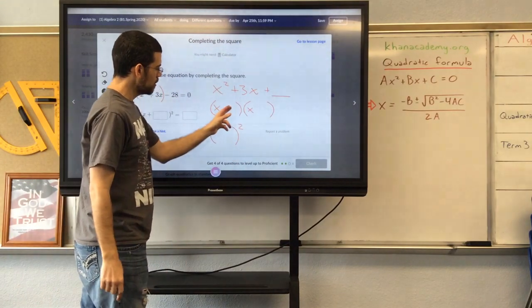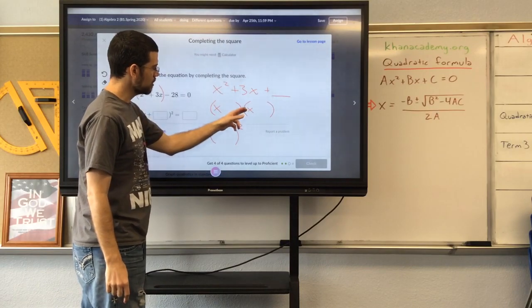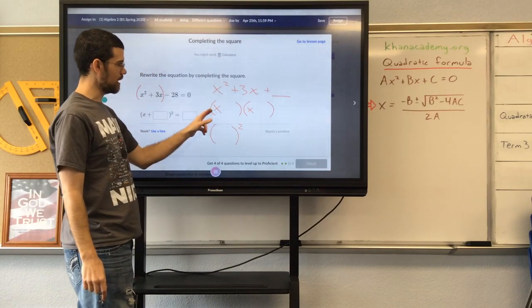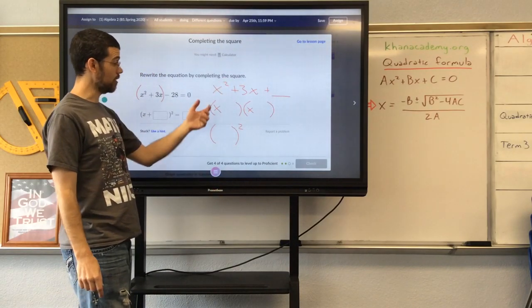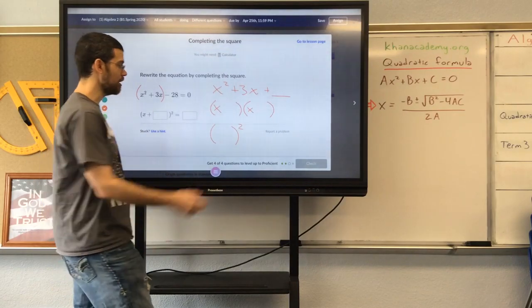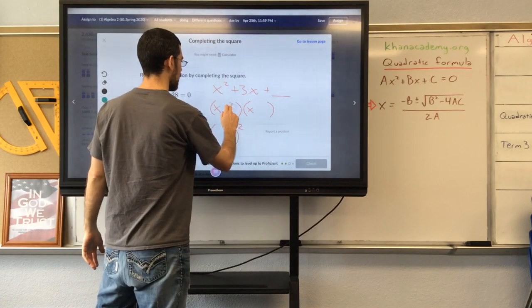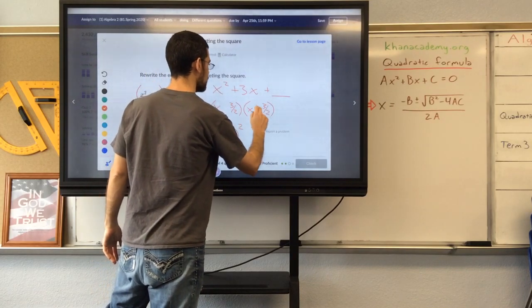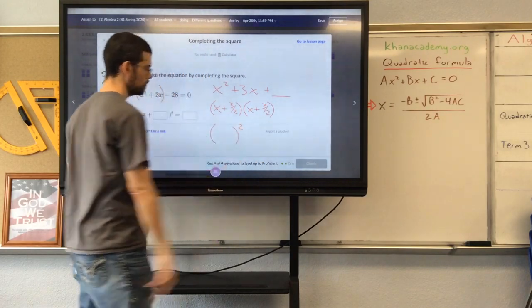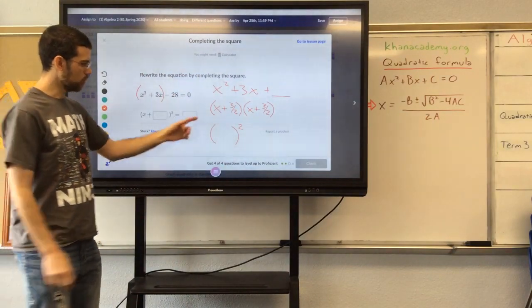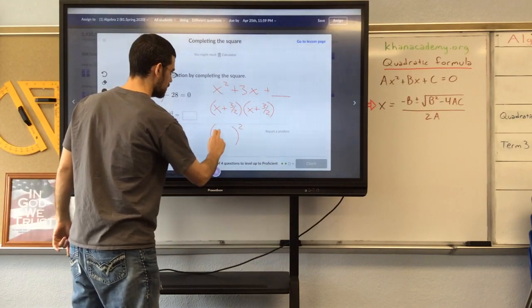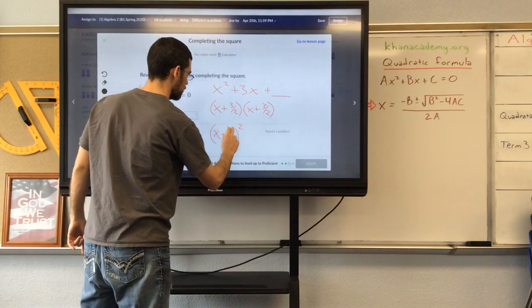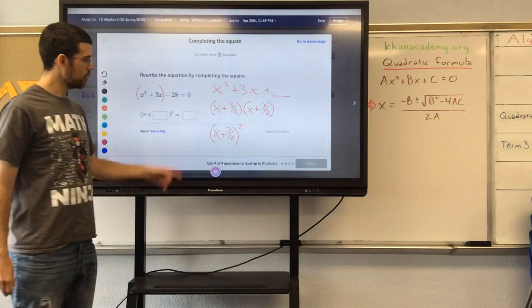Some number times x plus the same number times x has to give you 3. Well, that number will have to be half of 3. So 3 halves, and 3 halves are our numbers, like that. So we can write that expression as x plus 3 halves squared.